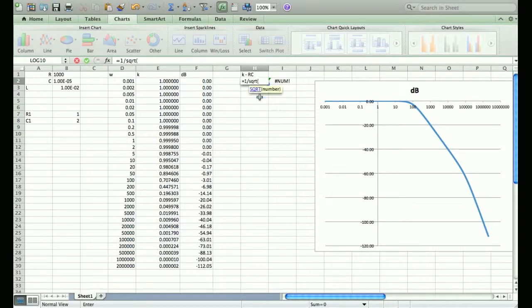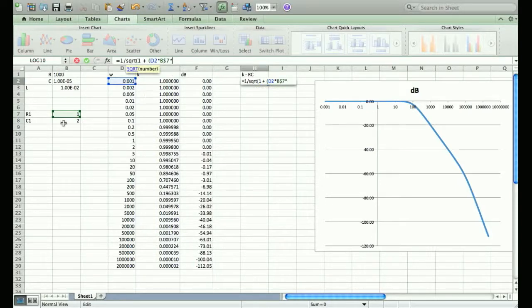So the closer you get, the closer that zeta gets to 1, the closer those poles are going to get together, and therefore the closer those kinks are going to be together on that graph.